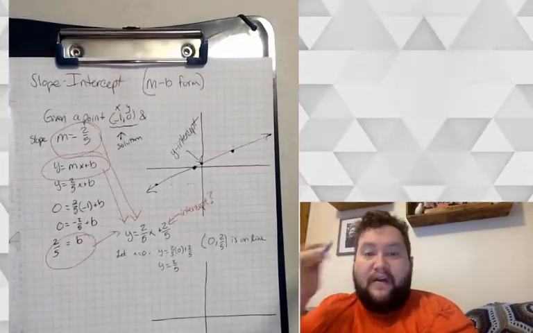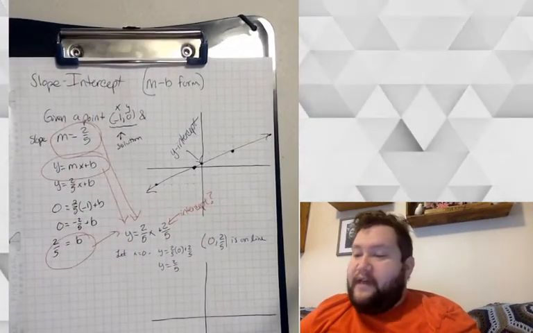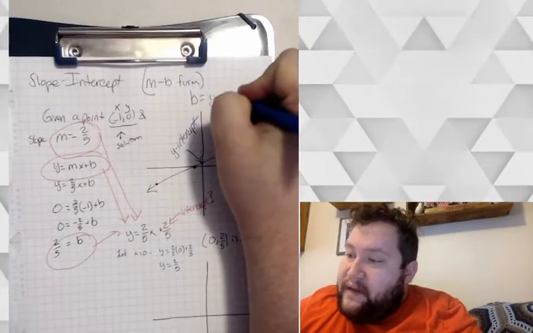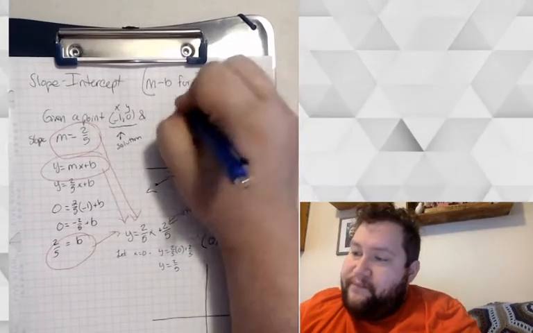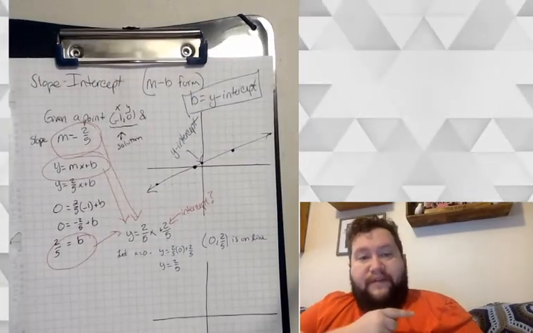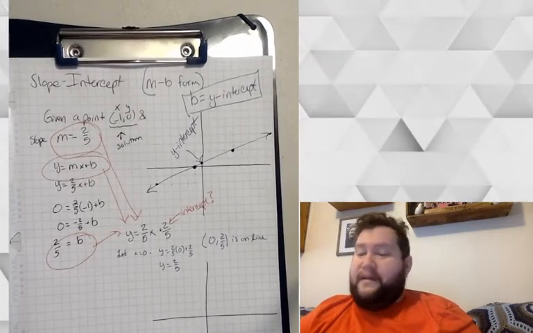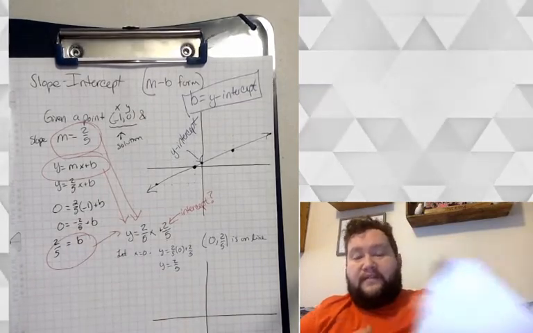And so that's why we call this slope-intercept form, because it turns out that b is our y-intercept. So our point-slope form was our previous one, and then this one's called our slope-intercept form because this b term is always our y-intercept.